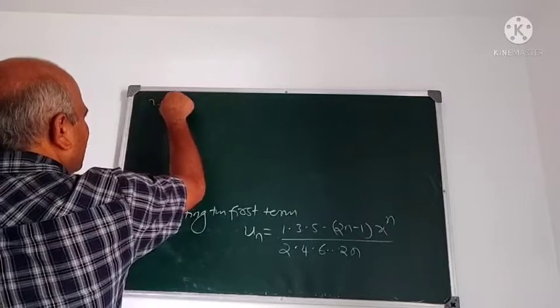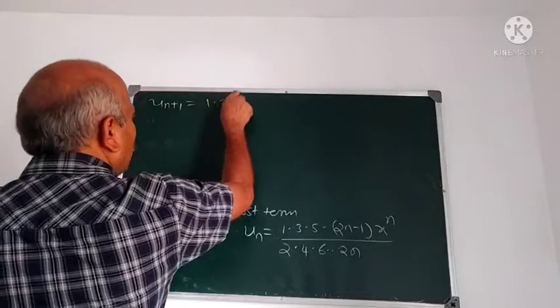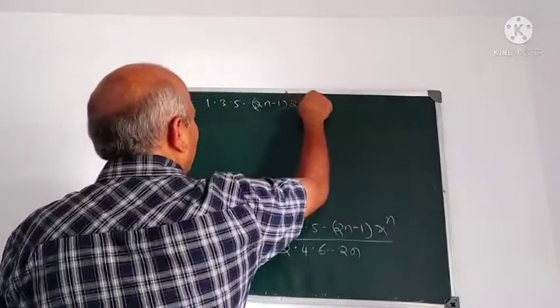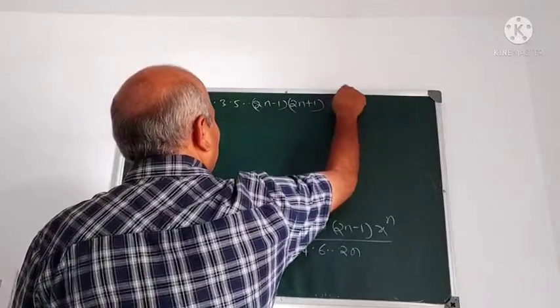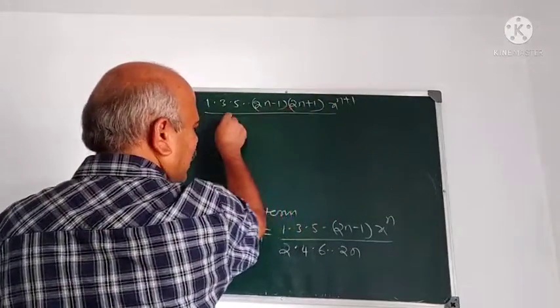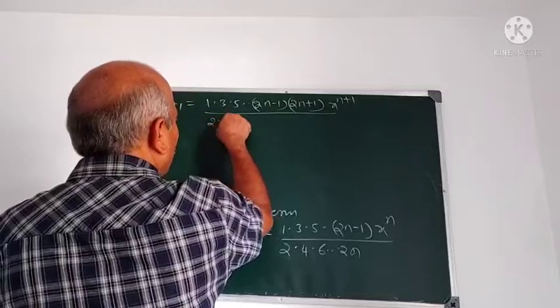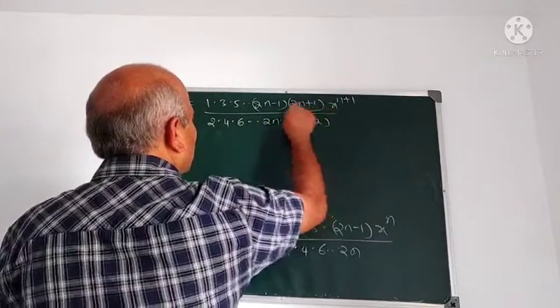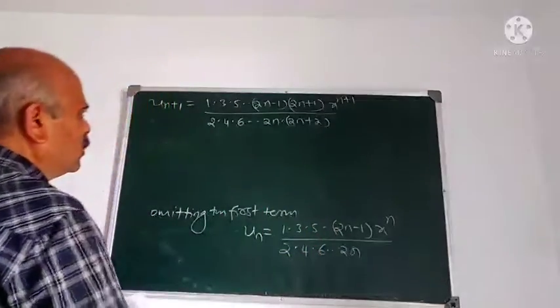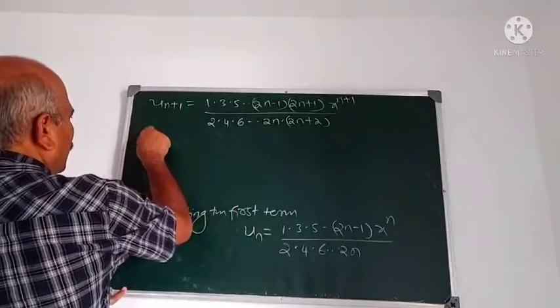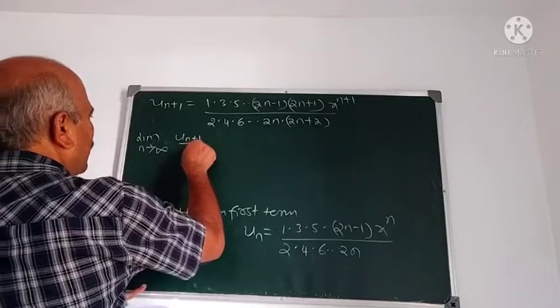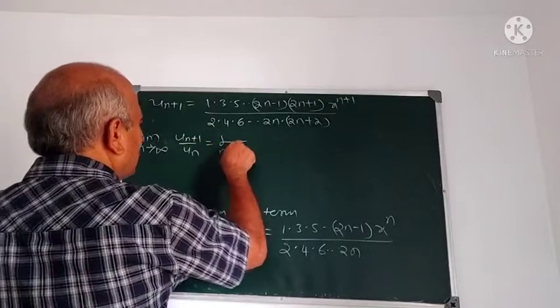Therefore un plus 1 is 1, 3, 5, etc. into 2n minus 1 into 2n plus 1 into x raised to n plus 1 divided by 2, 4, 6, etc. 2n into 2n plus 2.